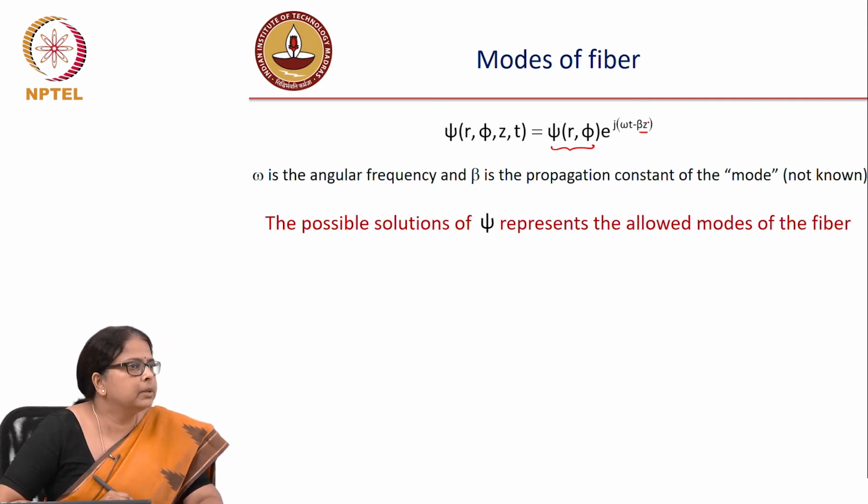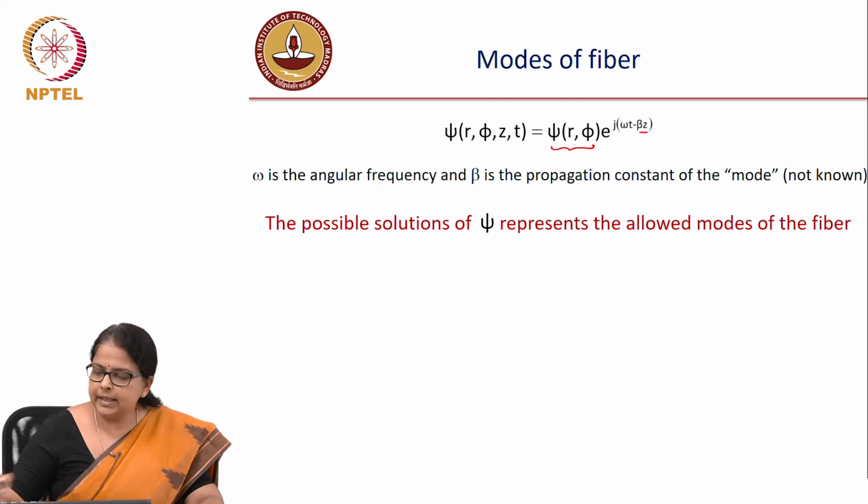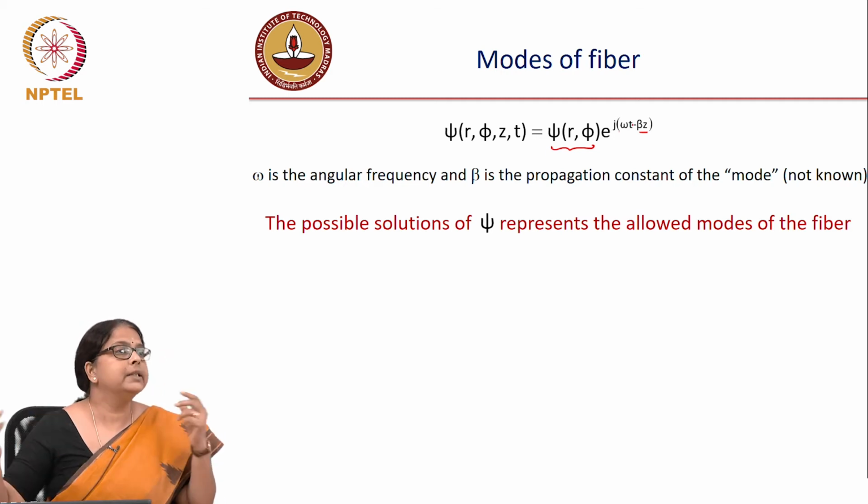What is your objective? The objective is to find the possible values of psi. So what is the unknown here? At the end of the day you should get psi of r, phi and beta. It is a linear system, so you should not think that new frequencies are created.